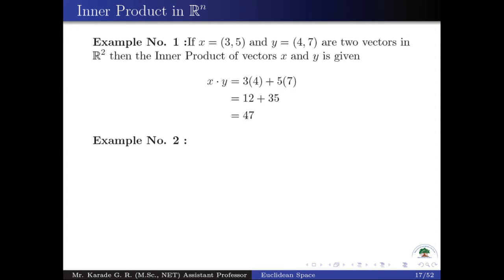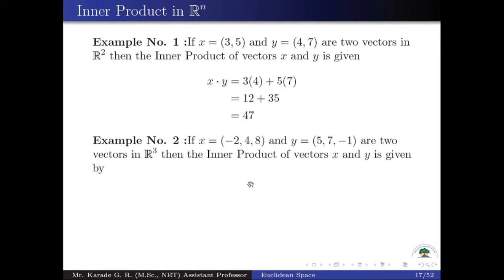Now example 2. Consider two vectors, vector x equal to (-2, 4, 8) and y equal to (5, 7, -1), two vectors in R3. Then the inner product of vectors x and y is given by x dot y equal to, so how to calculate the inner product, that is known to you now.